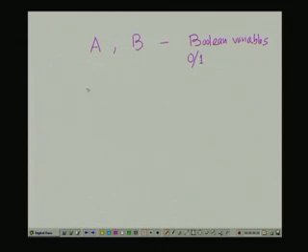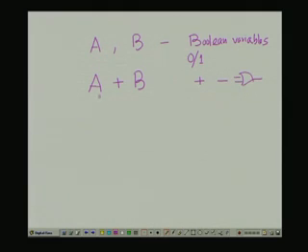Now, say one simple expression is given, A plus B. These are the two Boolean variables, and this is one operator. What operator is it? Our OR operator. So, we know that for this one logic gate exists. For plus, I know that my logic gate is OR.